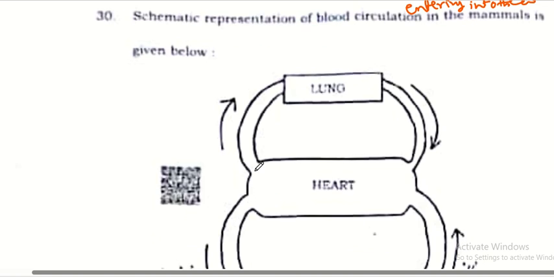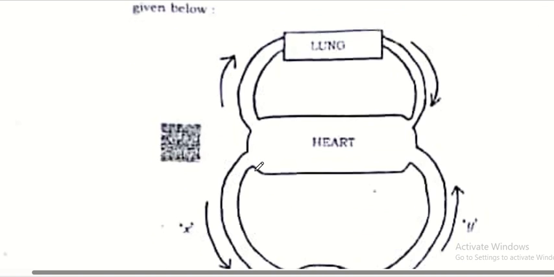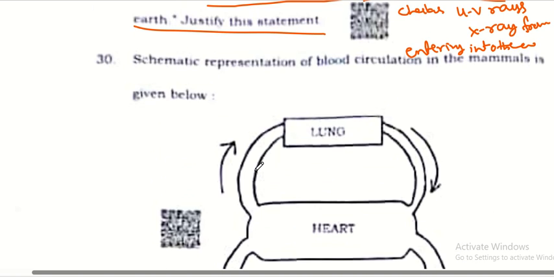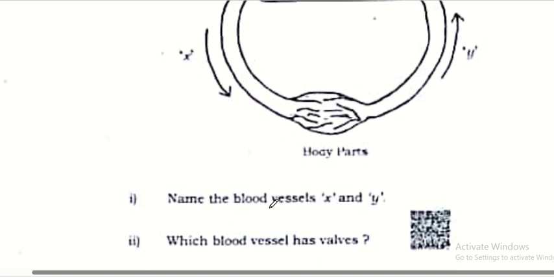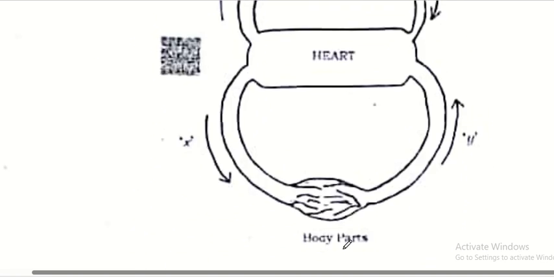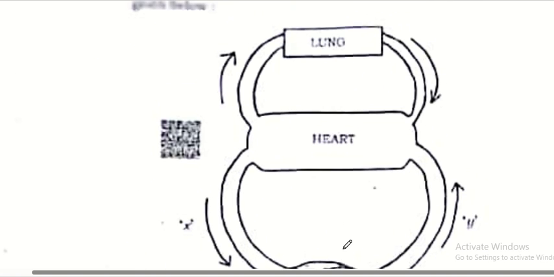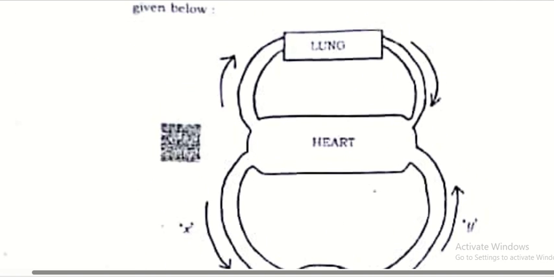And there is a schematic representation of the blood circulation in mammals. You have to name the blood vessels X and Y, and say which blood vessel has valves. I will show you the original diagram in the textbook.